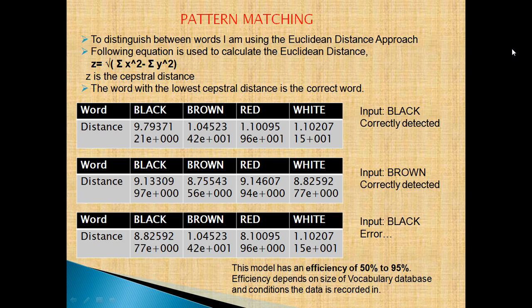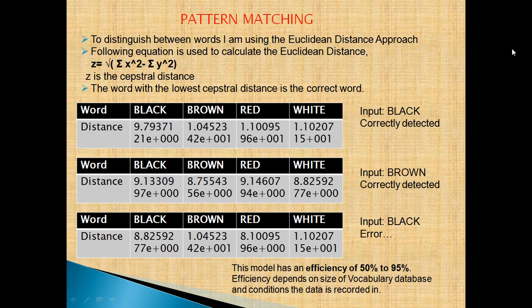Now, from my calculations, I can predict that if we increase the size of the vocabulary database, then the efficiency of this model will increase, because the main compromise that I have made here is on the size of the vocabulary database. So if that is removed, then this will have a very high efficiency of around 95%.